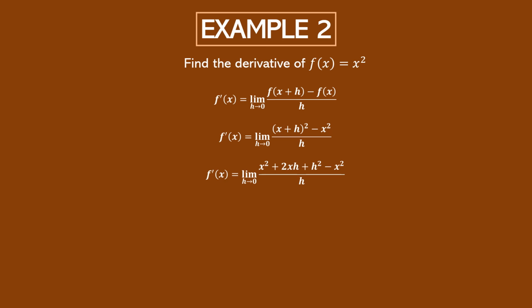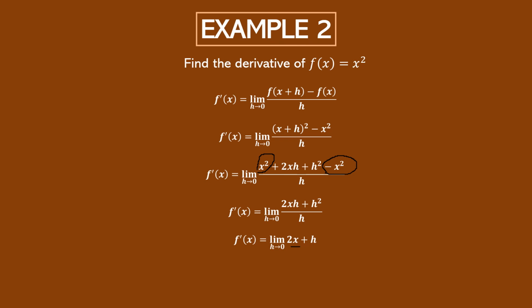And then we combine like terms such as x squared and negative x squared. So what we get would be 2xh plus h squared all over h. And then we perform this indicated operation. So we will divide the numerator by our h, which is our denominator. So 2xh divided by h would be 2x.